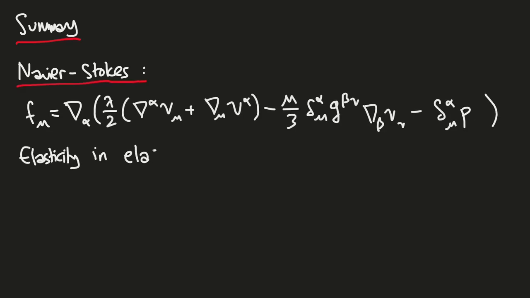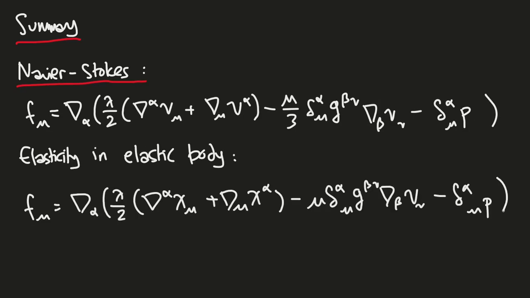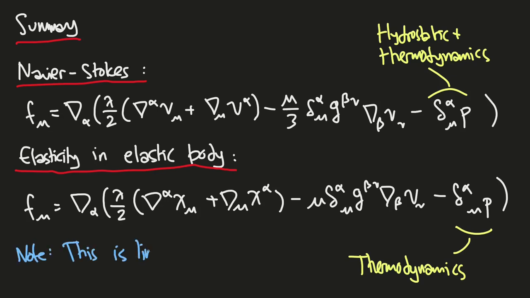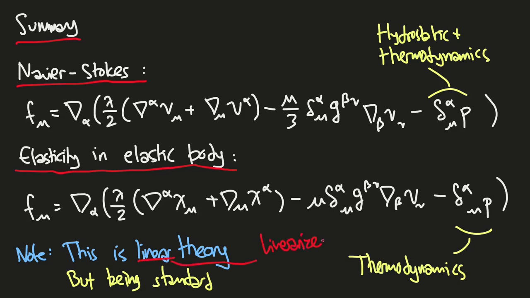In summary, we have F mu for dynamics as this, and by analogy we have this for elasticity in an elastic body, where P in Navier-Stokes is hydrostatic plus thermodynamic pressure. In elasticity, the P here only explains thermodynamic pressure. We must note that this is a linear theory, but in many cases it is standard. Nowadays, this linear theory is the standard model in research that linearizes most complicated systems.